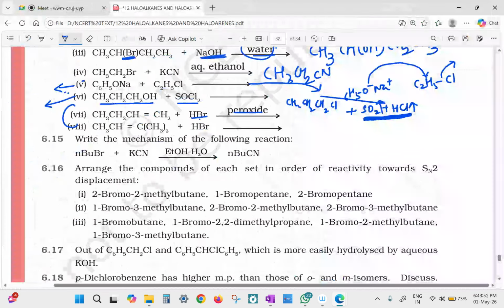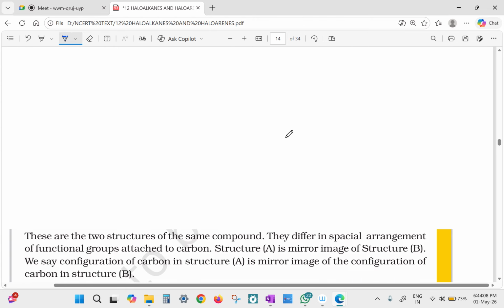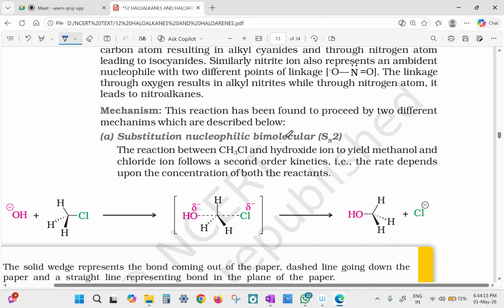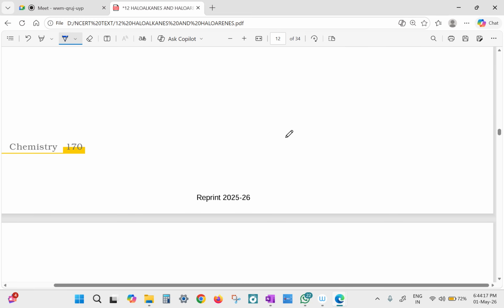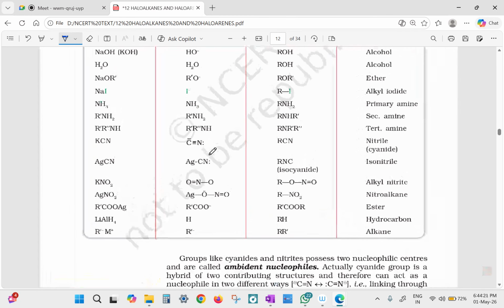Now going to this table. This table is actually an underrated table but it is very, very important because halogens can be converted to a number of compounds. Through this table, we can understand that you can go to a number of compounds, maybe not an aldehyde, ketone, carboxylic acid, but a lot of compounds can be formed by nucleophilic substitution, right?